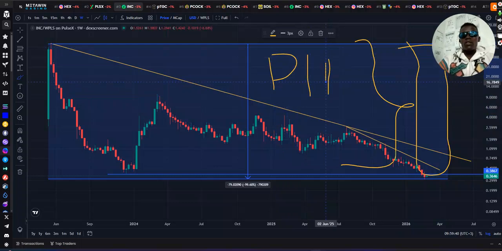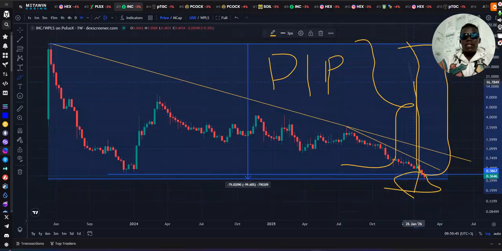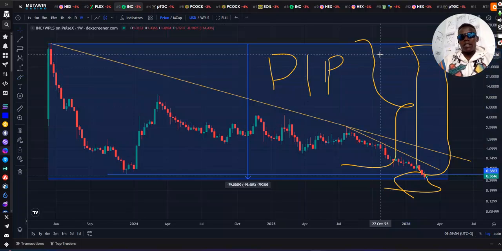Once you buy the dip, that means any price between this low here and this high here, you will always be on profits, until the moment that you decide to sell.